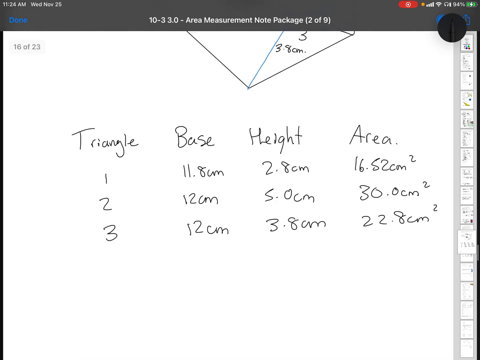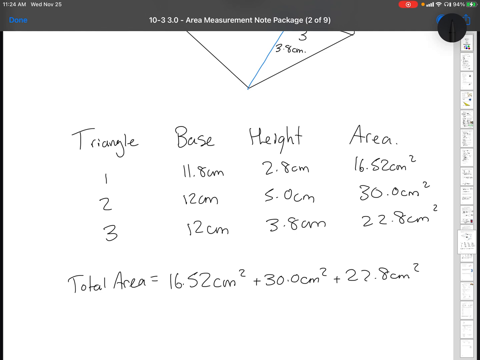Then we add all three together. The total area is 16.52 plus 30.0 plus 22.8 square centimeters, which gives you a total area of 69.3 square centimeters.